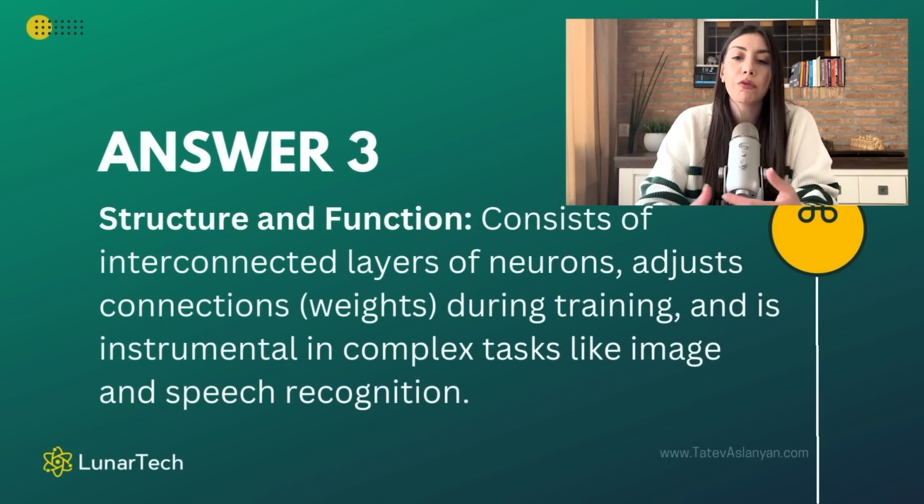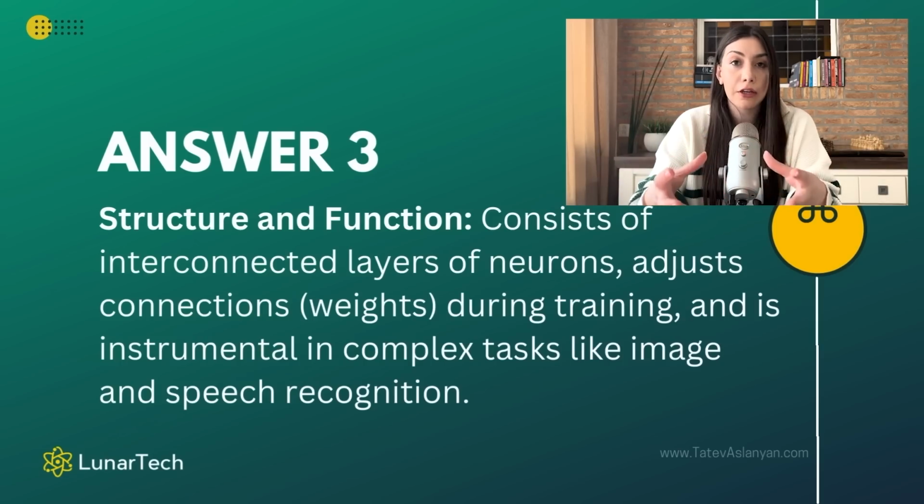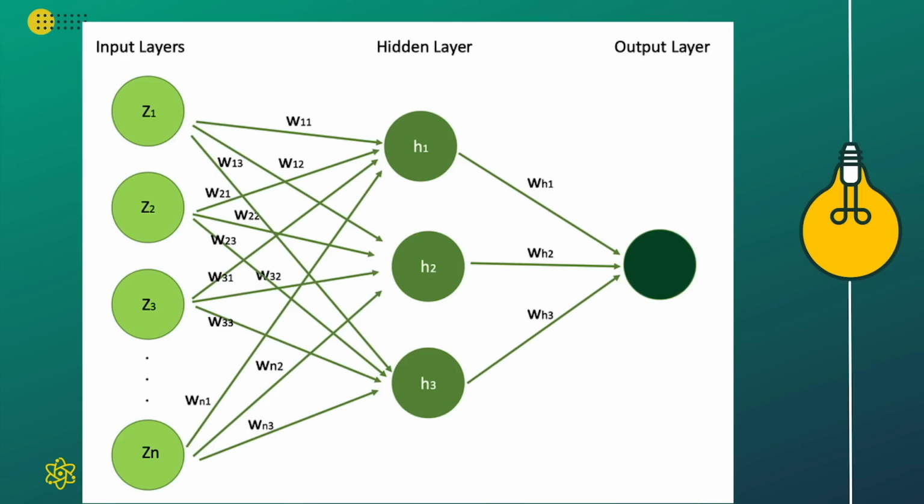So the core of a neural network is made up of units which we call neurons, like in our human brains. And these neurons together form the layers. We have the input layer, which represents our input data. Then we have the weights, which showcase how much importance we need to put on different input signals.